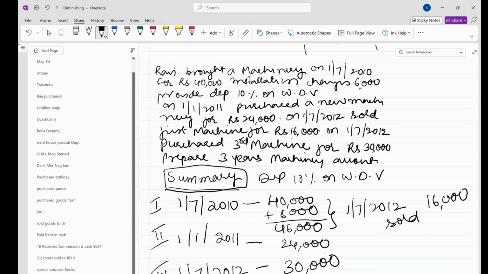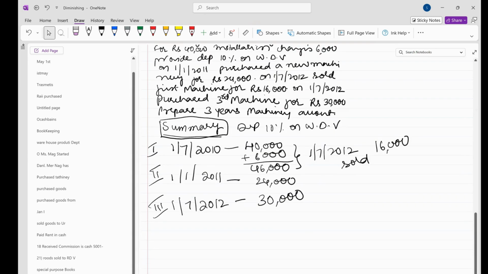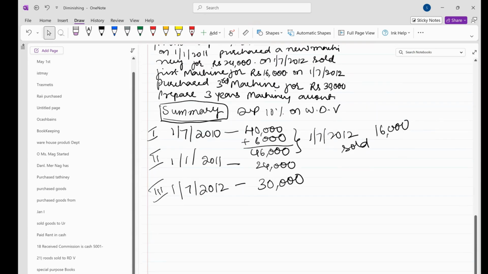Now we have to prepare a machinery account by using 10% depreciation. So we'll see how to do the sum.